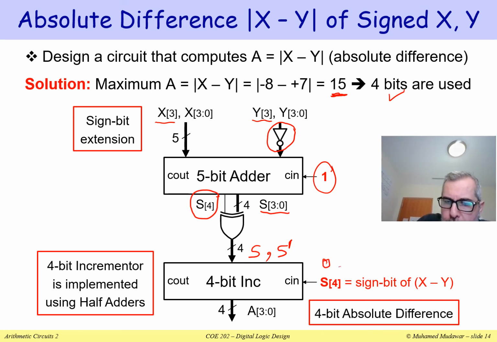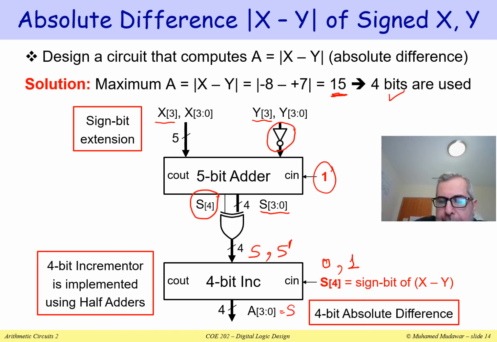If S4 is equal to 1, then the carry in will be equal to 1. So in other words, if the difference is positive and S4 is equal to 0, we just pass here S plus 0. So basically we get the absolute difference equal to S.